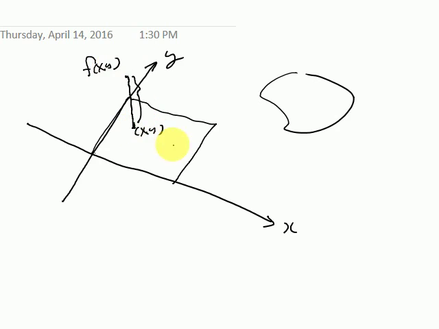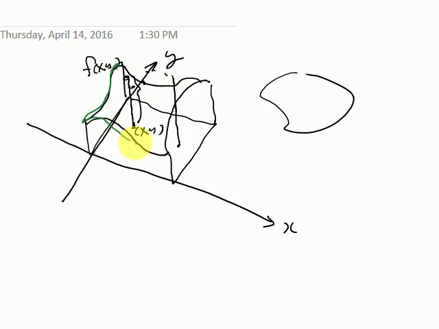If you change the position of the point, the height might be different. If you collect all these heights together, eventually you are going to get a three-dimensional surface like that. This will be the graph of your function above that domain.